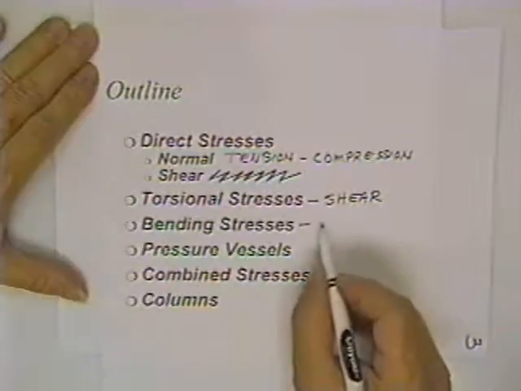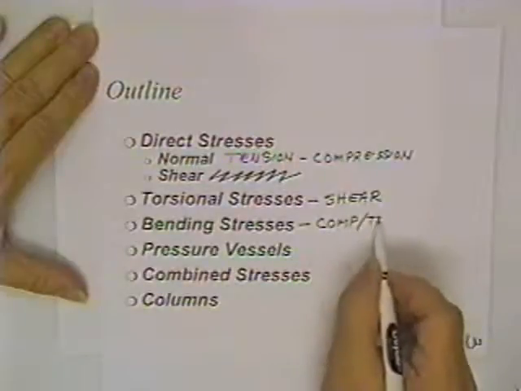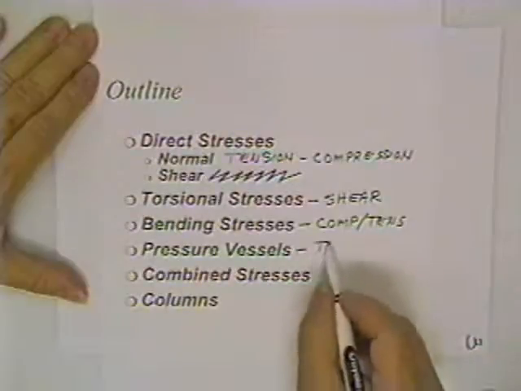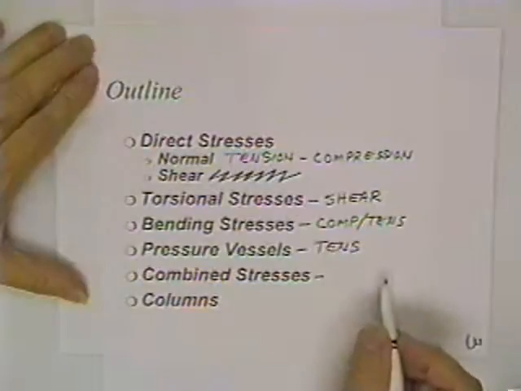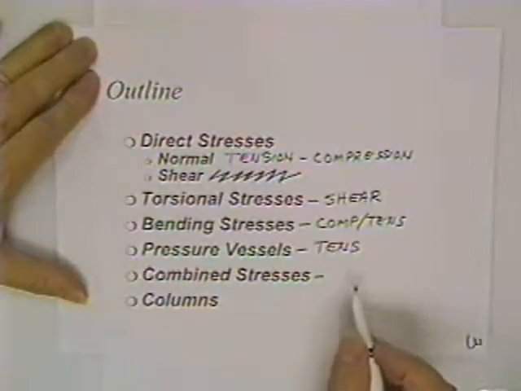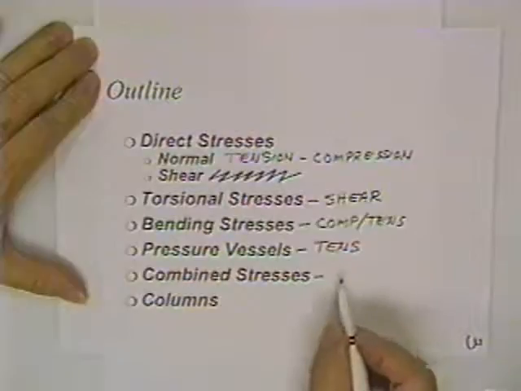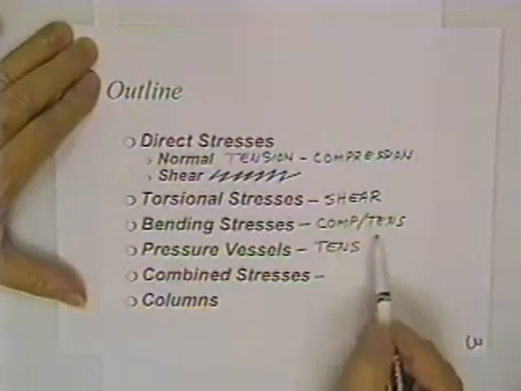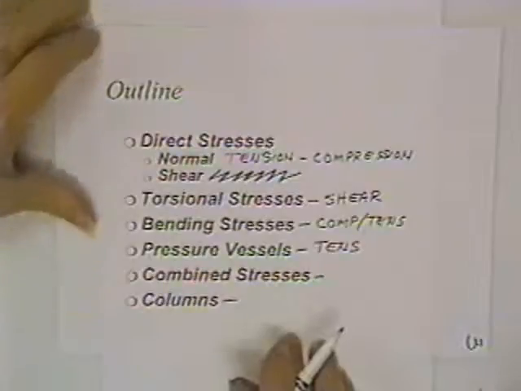In bending, the basic stresses are compression and tension. Pressure vessels are subjected to tensile stresses. Then we have the case where you have combined stresses, where you may bend the structure and twist the structure and pull on the structure all at the same time. Those are called combined stresses. They're merely a combination of these previous values. And then we will study columns.